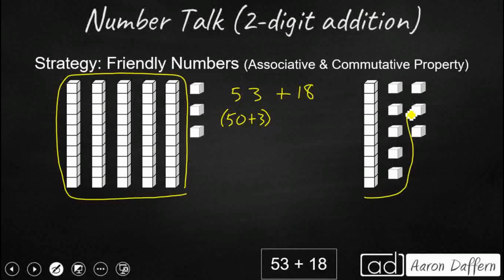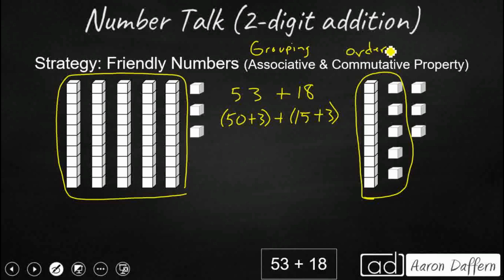And I'm going to say my 18 is really a 15 plus a 3, because adding 15 is going to be easy as well. So I'm going to need my associative property to regroup my addends, but I'm also going to need my commutative property. That is the order property.